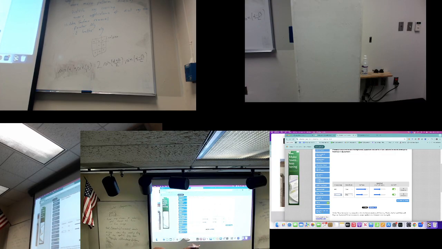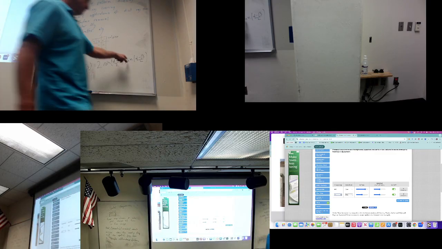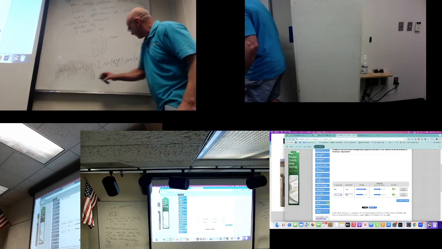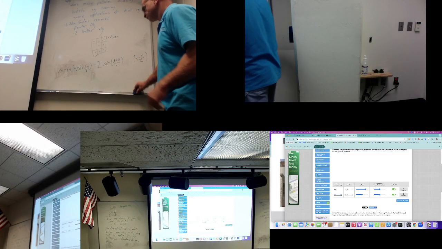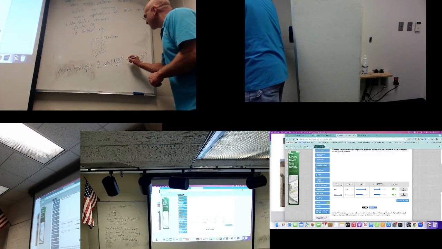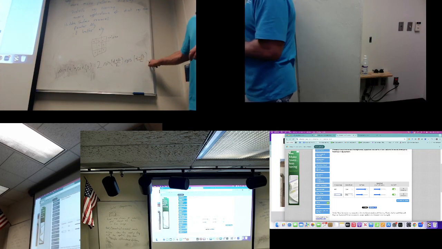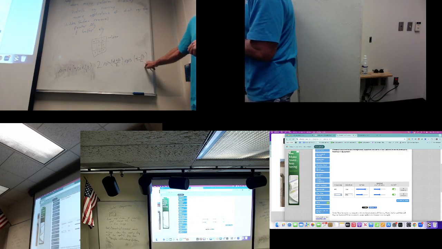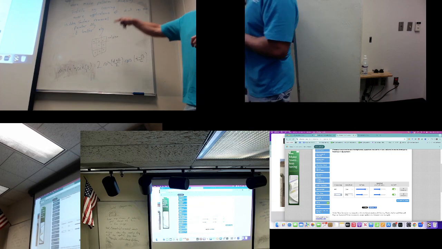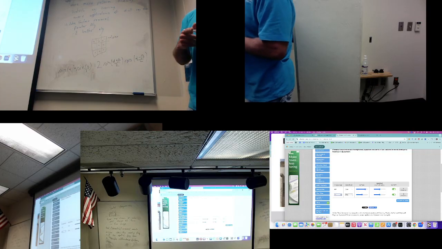It's 2 sine of alpha plus beta over 2 times cosine of alpha minus beta over 2. But if alpha and beta are equal, then cosine of alpha minus beta is 1. So you're absolutely right, if alpha and beta are equal, then it should be 1. But if alpha and beta are different, then that's what you hear: something that changes at 1 hertz.